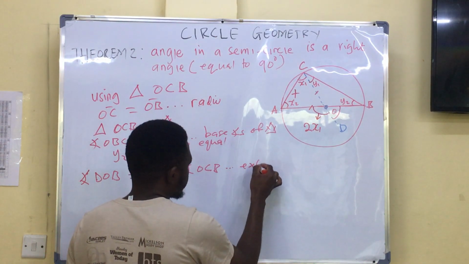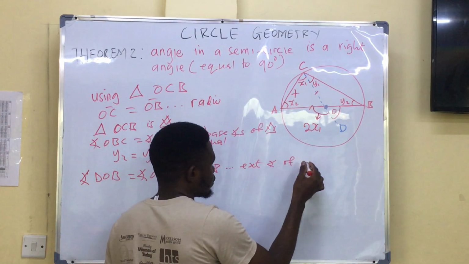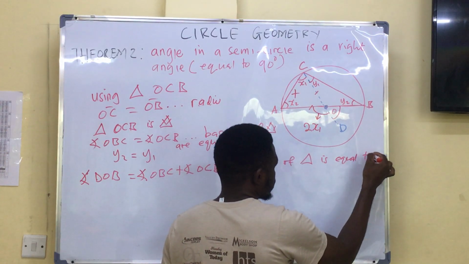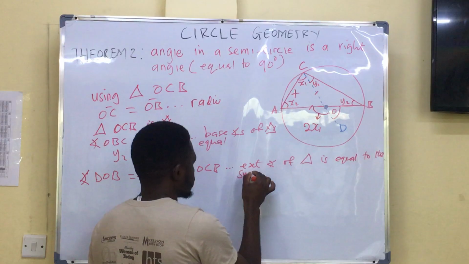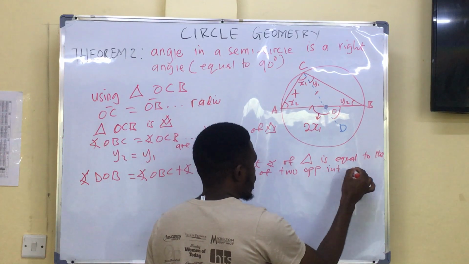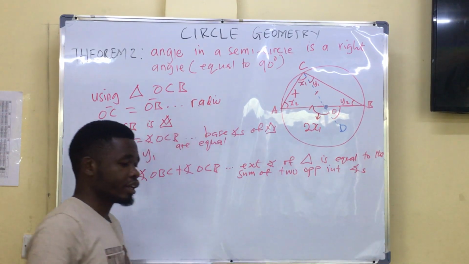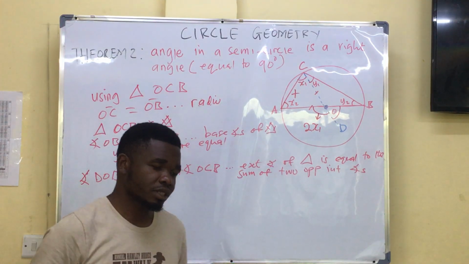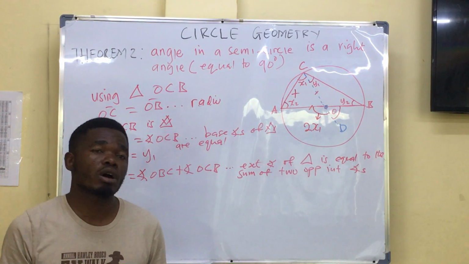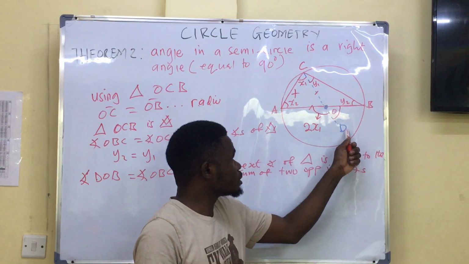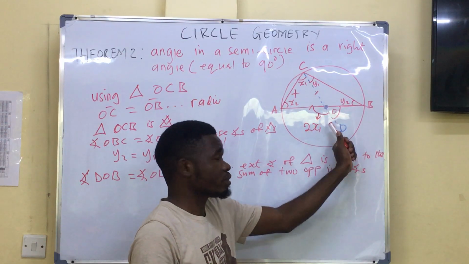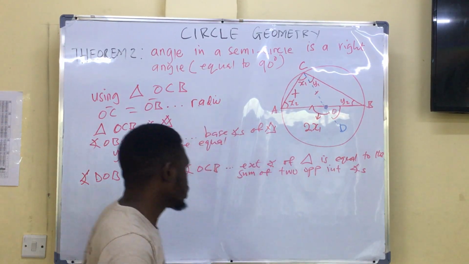Reason: an exterior angle of a triangle is equal to the sum of two opposite interior angles. Meaning, if we want to find the value of angle DOB, we need to add angles y2 and y1 to find the value of that angle, which is the exterior angle, right? So let's do it.